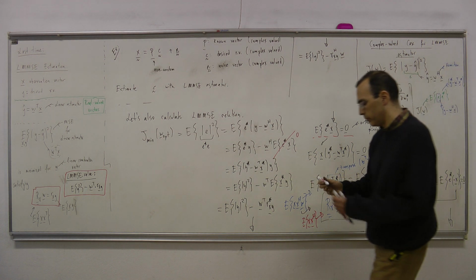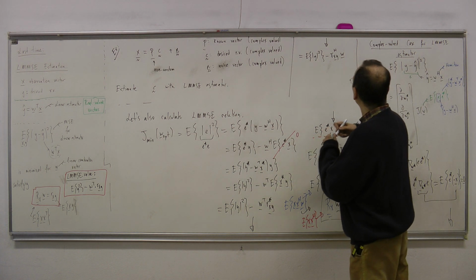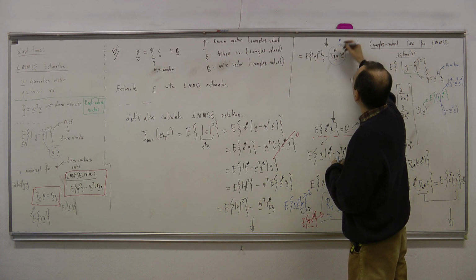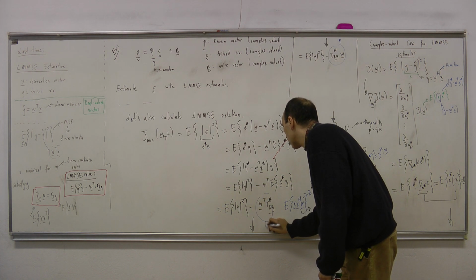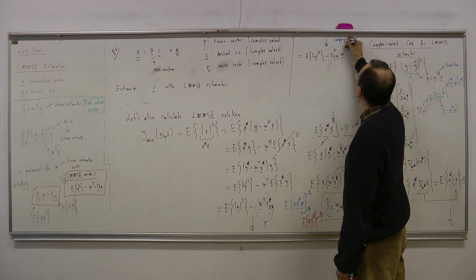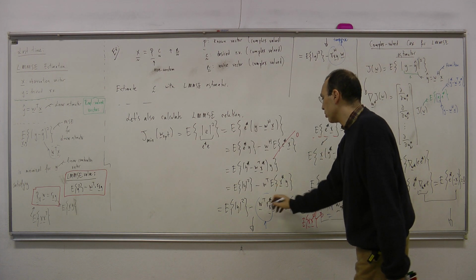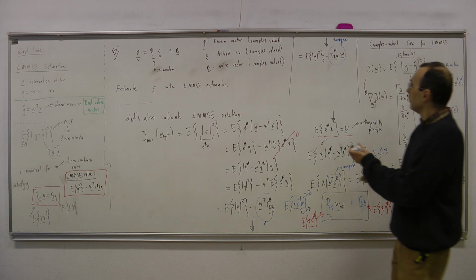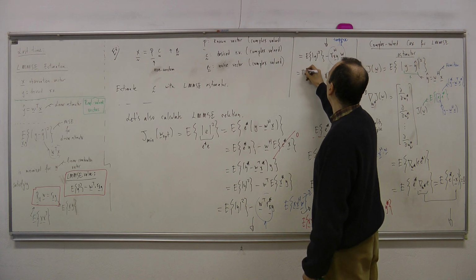If I take the transpose of this, so again, these are transpose of each other. These are transpose of each other, okay? Okay, then one more step, maybe this will be useful.